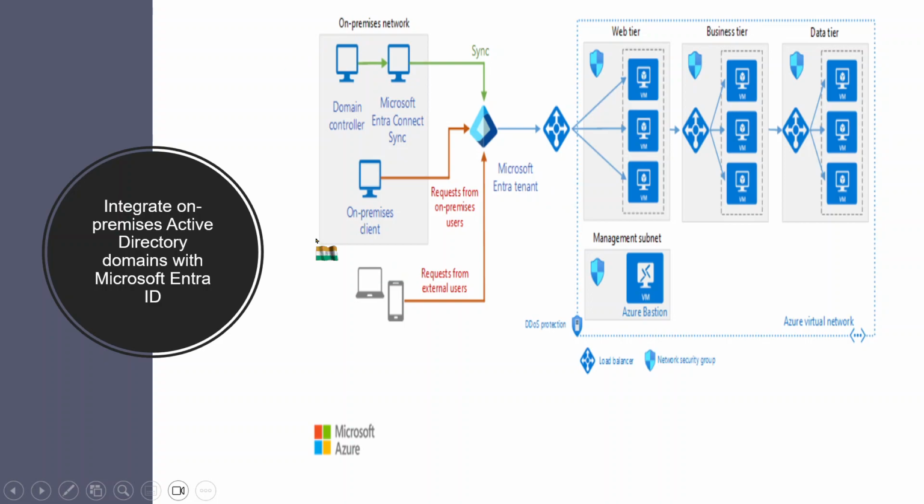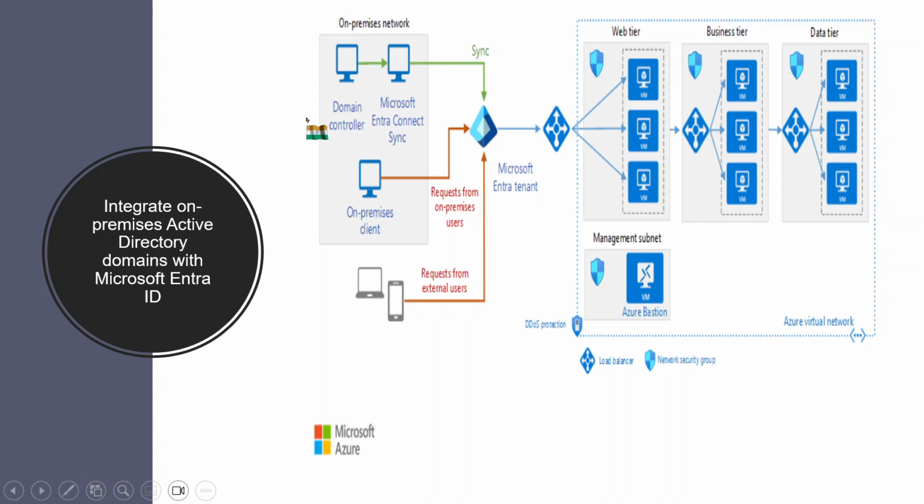Whatever user credentials or details are there, this Microsoft Entra Connect Sync service synchronizes those details with Microsoft Entra ID, and then you can access the resources. It helps to keep the same credentials.